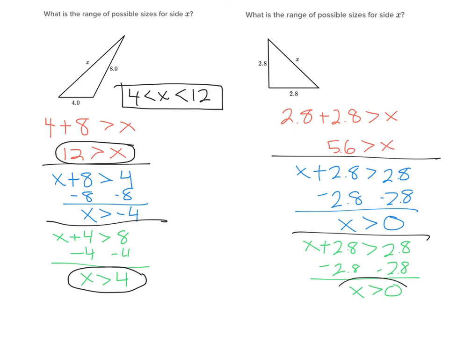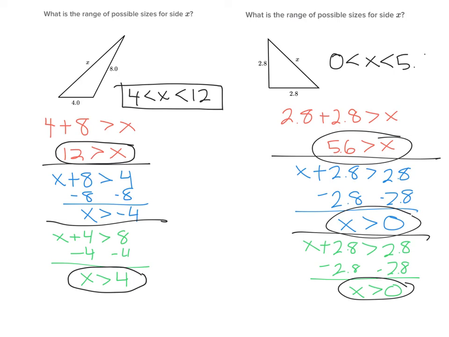So these two repeat. It's basically the same thing: x is greater than 0, and x has to be less than 5.6. So this inequality is going to look like this: 0 is less than x is less than 5.6. So that side is somewhere between 0 and 5.6.